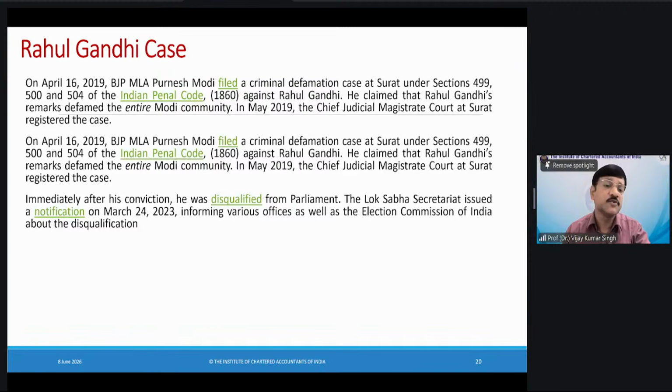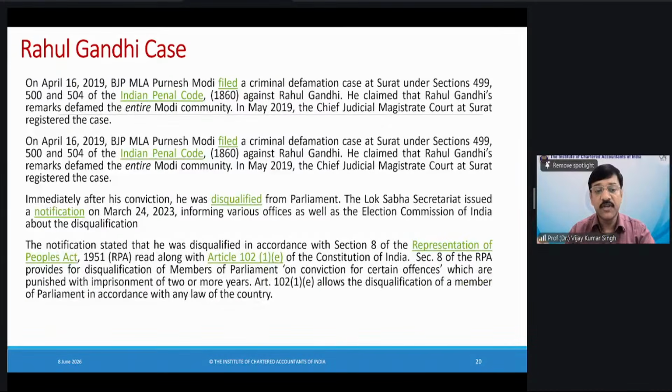The Lok Sabha Secretariat issued a notification and informed the Election Commission that Rahul Gandhi is disqualified. Now, the notification stated that he was disqualified in accordance with Section 8 of the Representation of People Act. Section 8 basically says that on conviction of certain offences, with punishment of 2 or more years, it allows the disqualification of a member of parliament in accordance with the law.